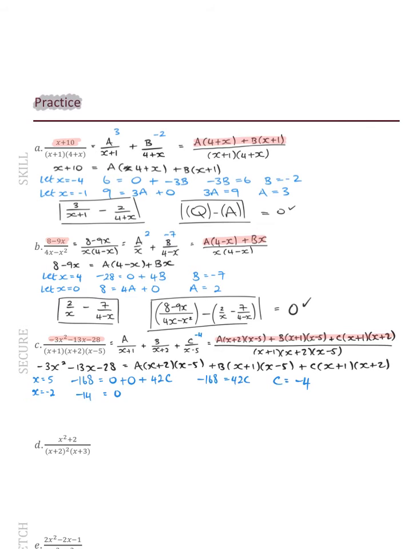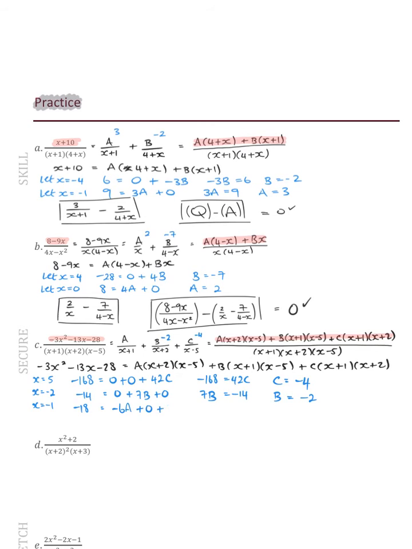X minus 5. And c is 0. And then x equals minus 1. Minus 1 store x. So x plus 2, x minus 5.